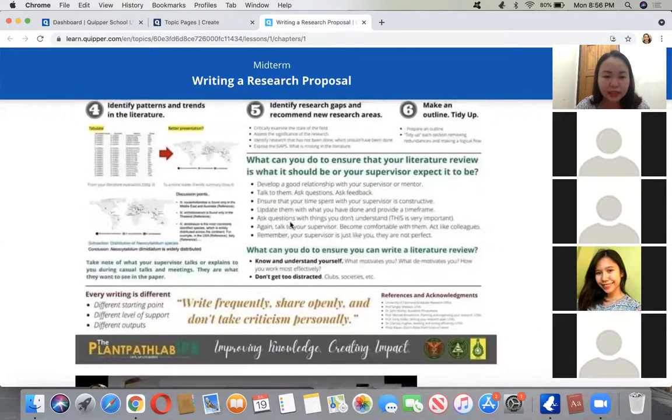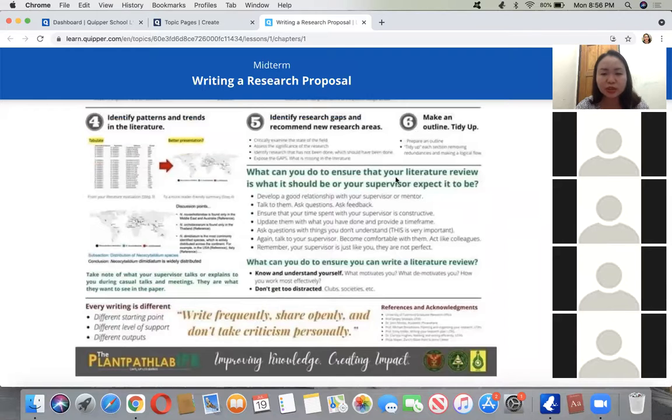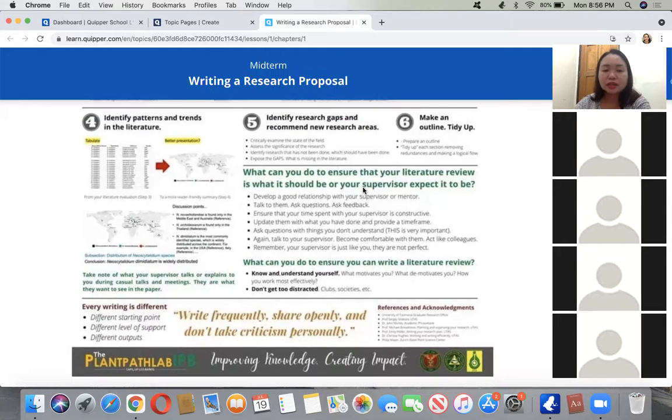In the end, what can you do to ensure that your literature review is what your supervisor expects it to be? If these are the comments of your panel and your advisor, what should you do to meet their expectations? First, develop a good relationship with your supervisor or mentor. You need to be nice in approaching them.